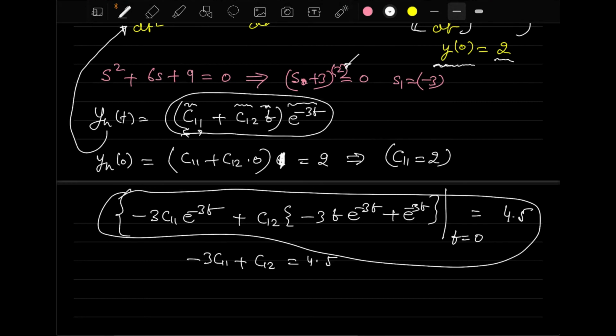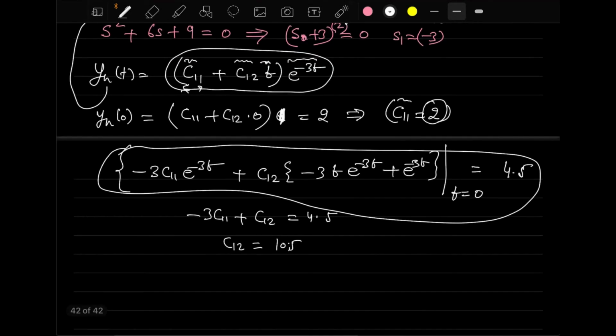And now you have C11 already calculated as 2, so your C12 will be as simple as that, it will be 10.5. So once you get both values, your yh(t) now will become (2 plus 10.5 t) e to the power minus 3t. So this will be your solution for this particular differential equation which we have given on the top.